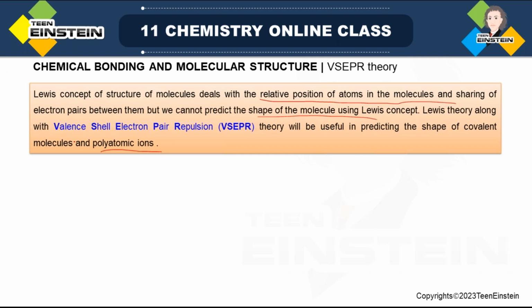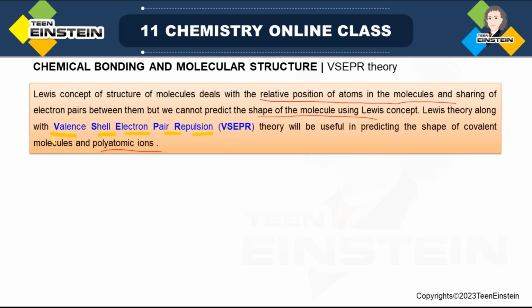So the full form is valence shell electron pair repulsion. If you take the first letters V, S, E, P and R, you will see that there are electrons involved in bonding between two atoms.